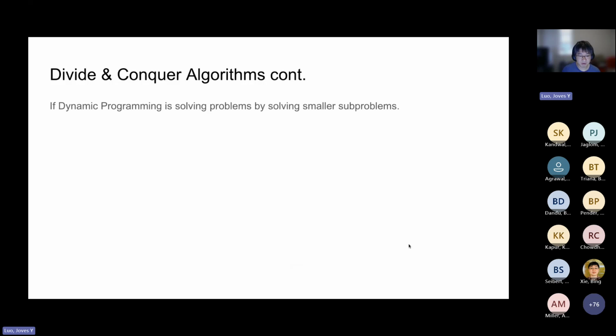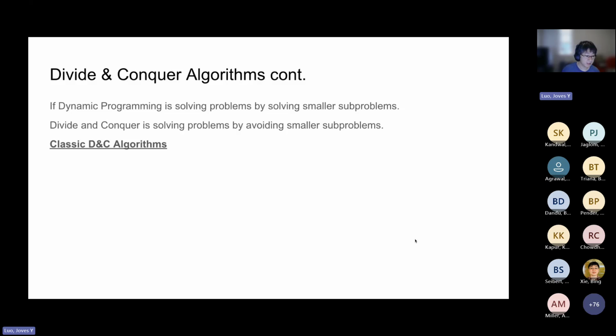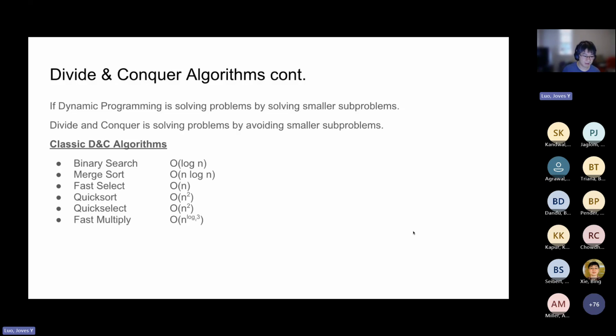So if dynamic programming is solving problems by solving small subproblems, divide and conquer is solving problems by avoiding smaller subproblems. The classic divide and conquer algorithms are your binary search, your merge sort, your fast select, your quick sort, your quick select, your fast multiply, and your FFT. Now, the lectures are going to mention quick sort and quick select as divide and conquer algorithms.